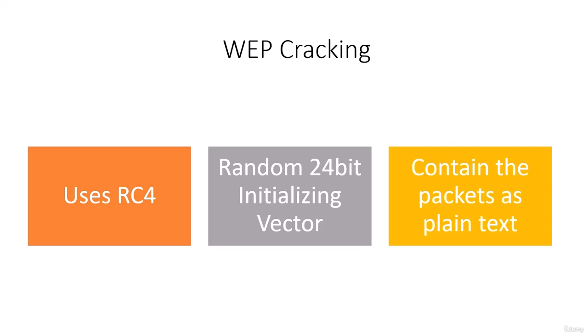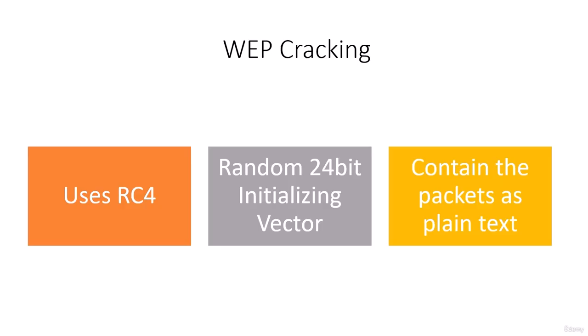So in a busy network, there will be a very large number of packets sent into the air. This means the number of possible random IVs will be exhausted, and we will have two packets that have the same initialization vector. The initialization vector is a 24-bit random key sent in each packet as plain text.